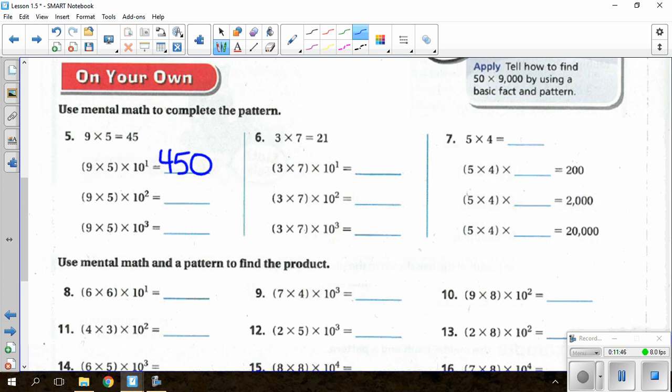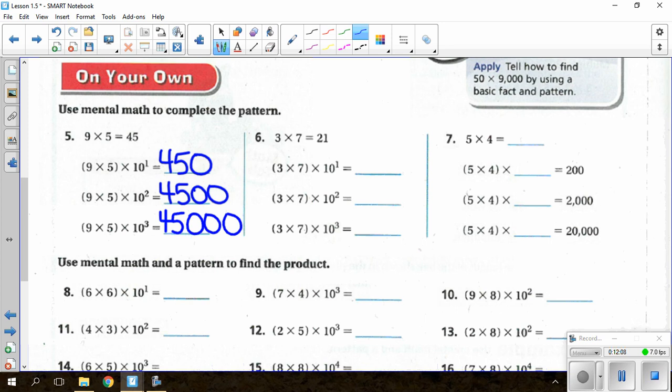Moving down, 9 times 5 again is 45, times 10 to the second power, that exponent of 2 tells me to add 2 zeros. And 9 times 5 for the third one down, again is 45, times 10 to the third power, that exponent of 3 tells me to add 3 zeros.